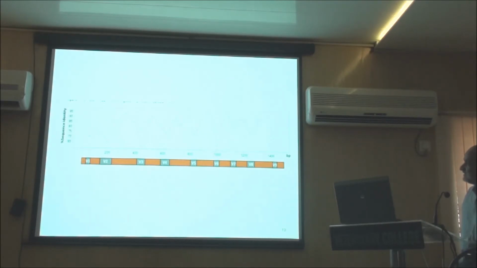Region V3 has much higher variability as compared to regions like V7 or V8, where the variability is less. Although these are so-called hypervariable regions, the variability is less. So typically you will see that the V3 region is much more hypervariable.